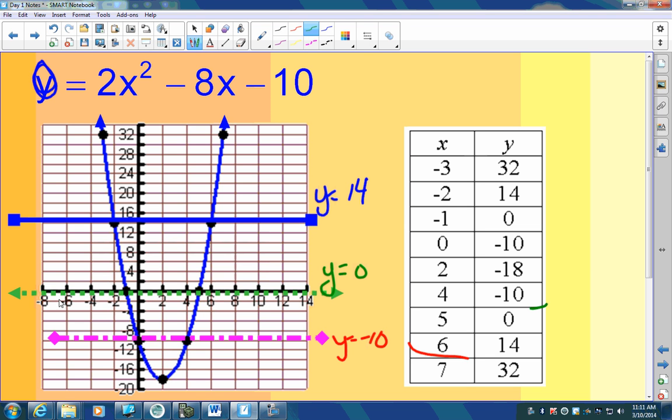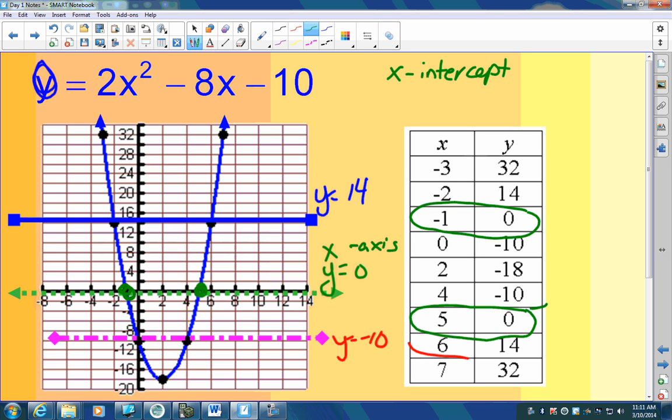The what axis? That is the x-axis. See, y equals 0 is the x-axis. These points where it crosses right here, where y is 0, are very important points. They are our x-intercepts. It's where they cross the x-axis.